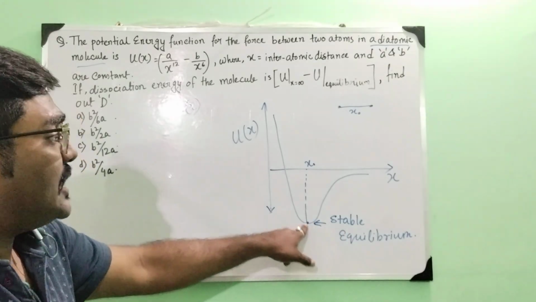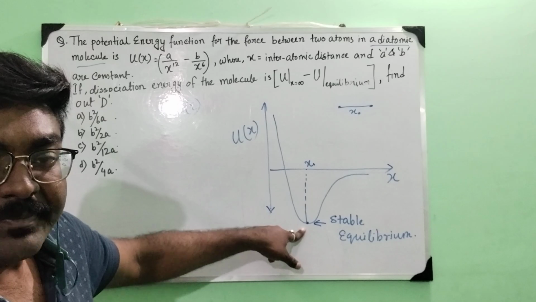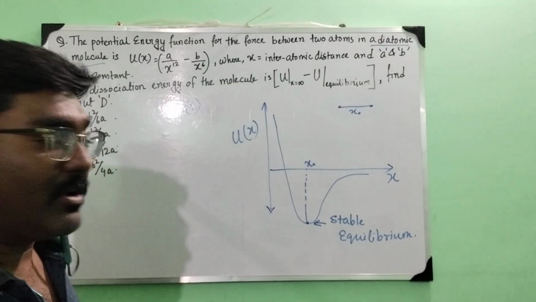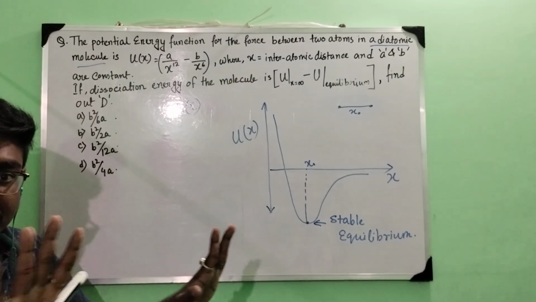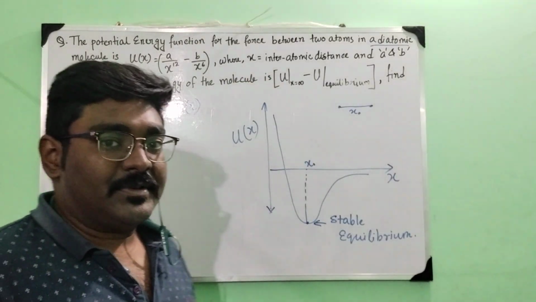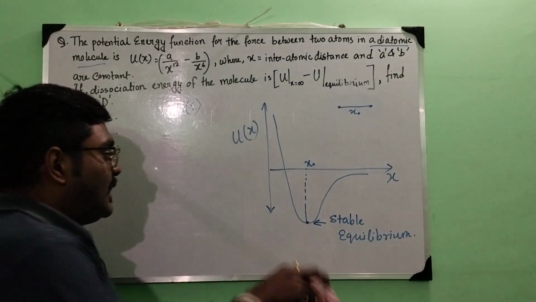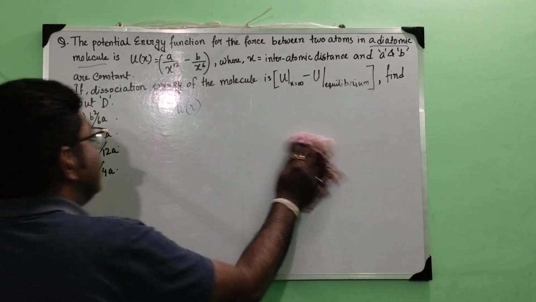At this point the potential energy is minimum. When the potential energy is minimum, that configuration is the most stable configuration. Understood? Again, this graph is not in your syllabus, I'm giving this concept just for some extra knowledge. Now we will try to solve this sum.